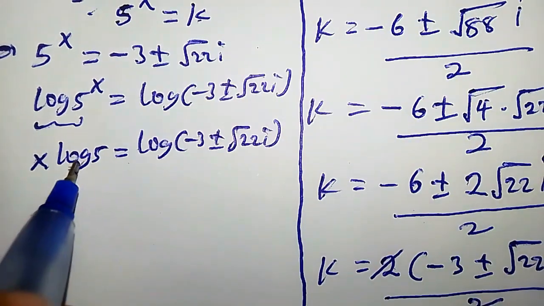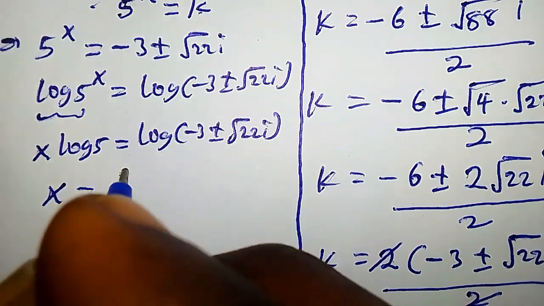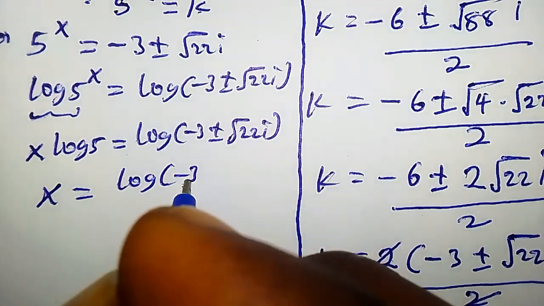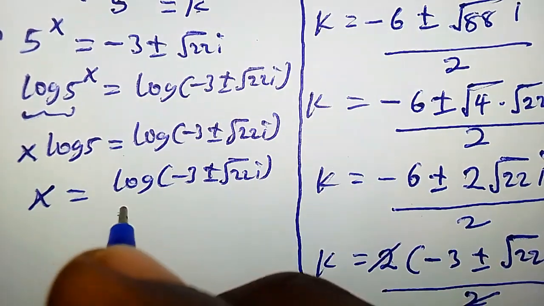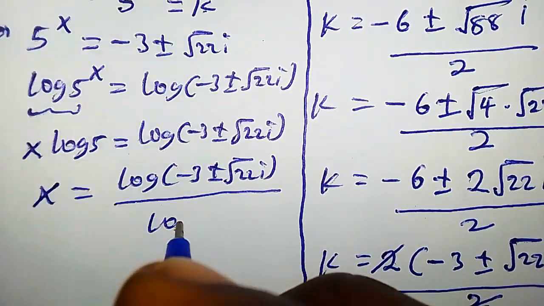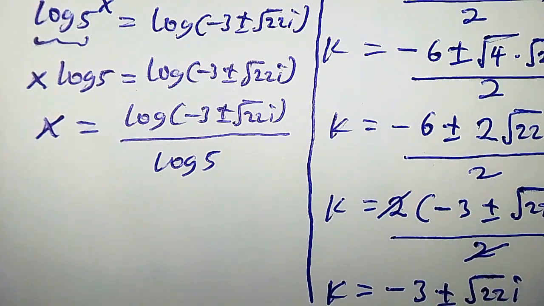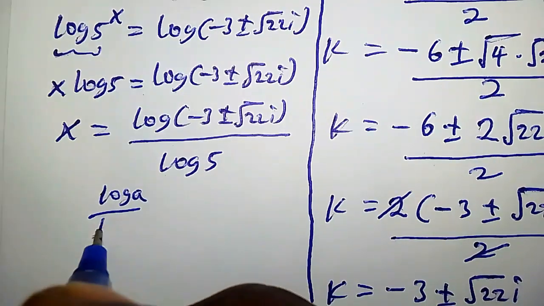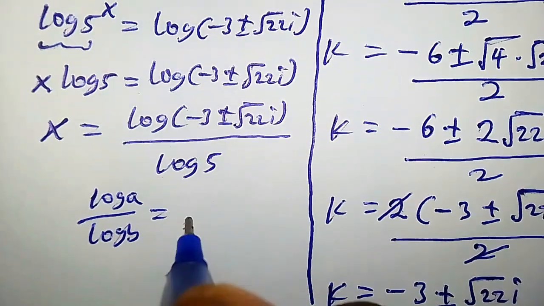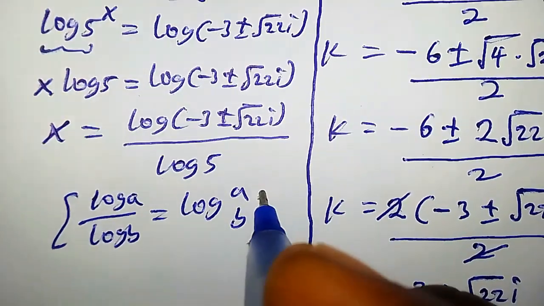If we divide both sides by log 5, we have x equal to log of minus 3 plus or minus square root of 22i divided by log 5. At this stage, let's recall a very beautiful property. It says log a over log b is equal to log a base b. Take note of this.